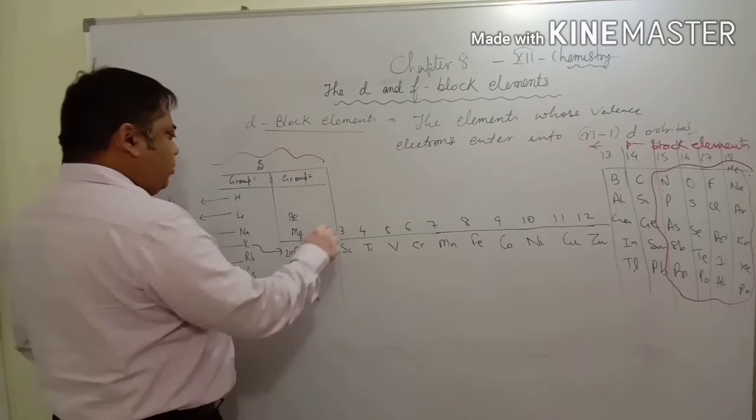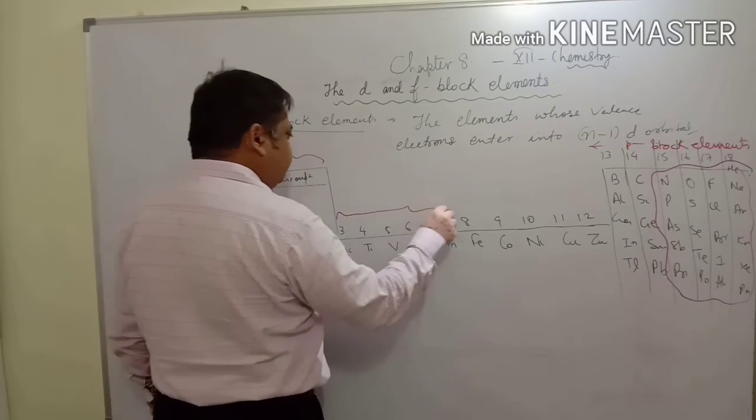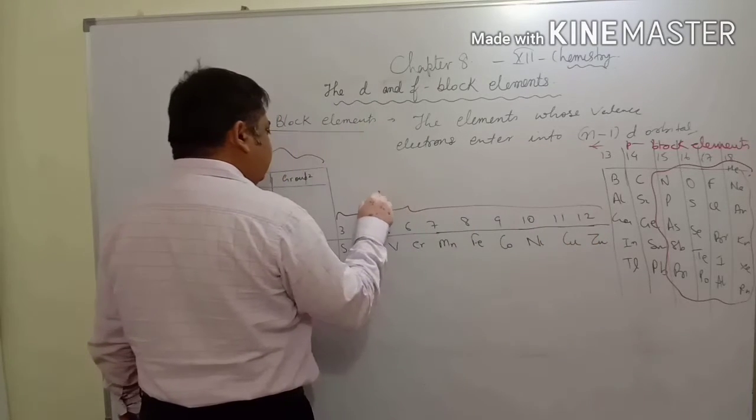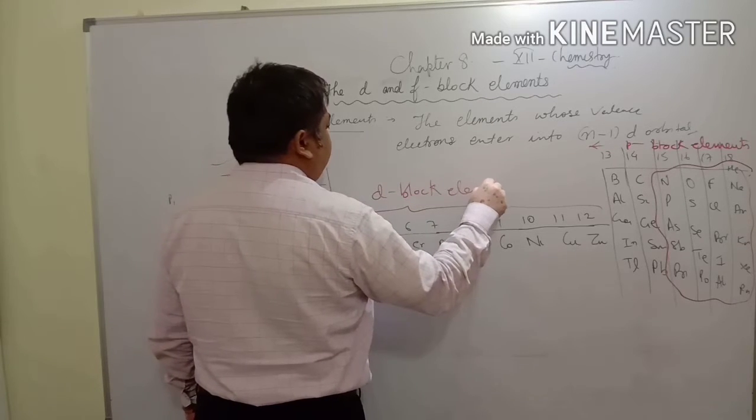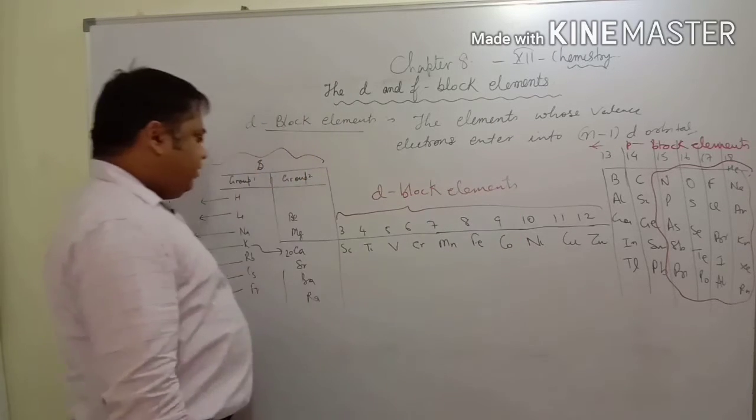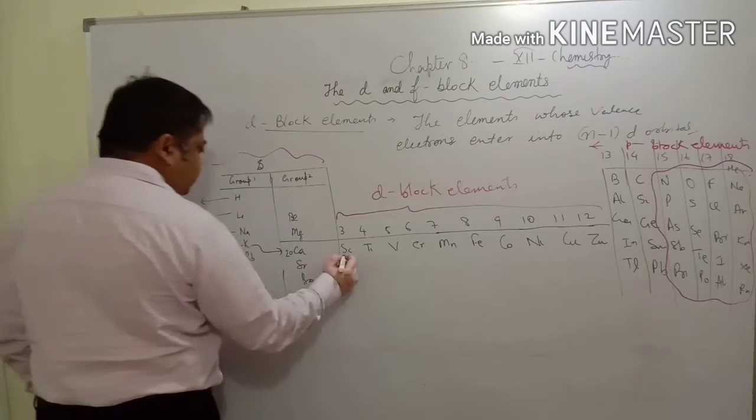Now we will study the properties of these elements. These are D block elements, because they have an electronic configuration like this.